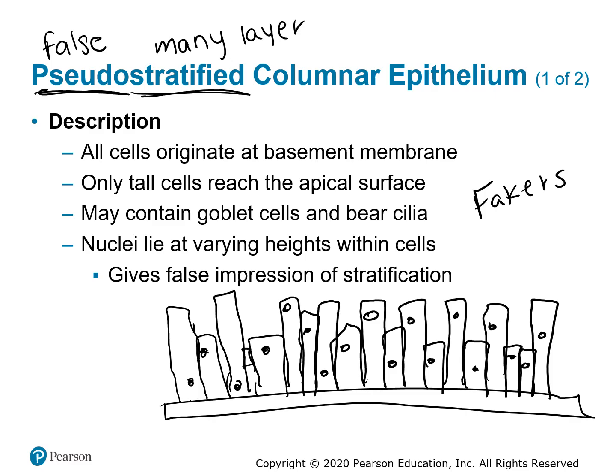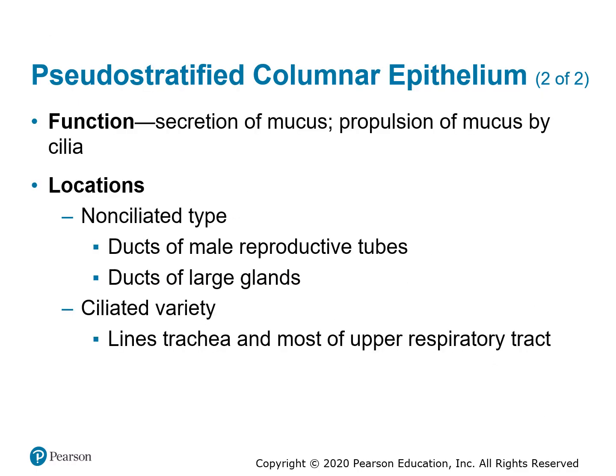There can be goblet cells and have cilia, but these are the ones that are, in my opinion, some of the toughest to look at under the microscope. They do a lot of mucus secretion, propulsion of that mucus, especially by those ciliated ones. Those non-ciliated ones, you'll find them in the ducts of the reproductive tubes and in some large glands, but those ciliated ones are the more likely ones that you'll come across.